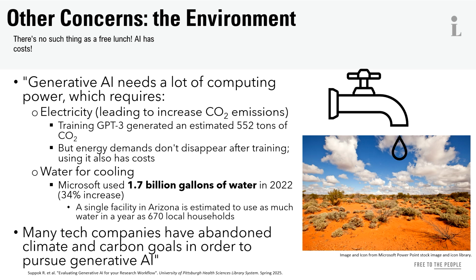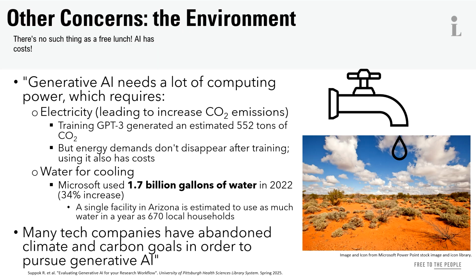You can see that training GPT-3, which was the previous iteration of ChatGPT, generated an estimated 552 tons of CO2. And for water cooling, Microsoft used 1.7 billion gallons of water in 2022, which is a 34% increase.